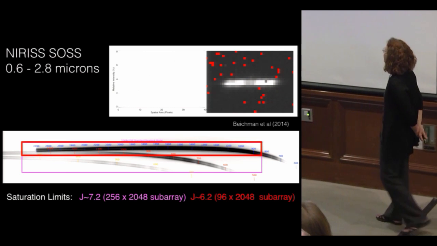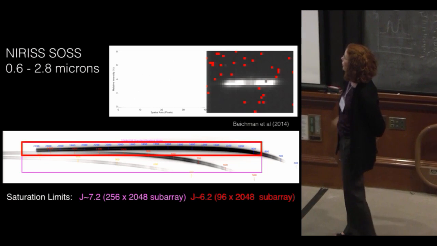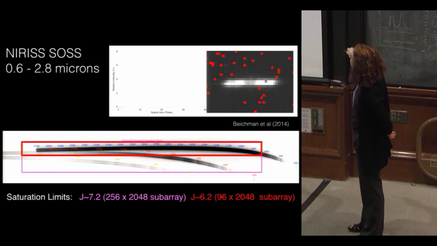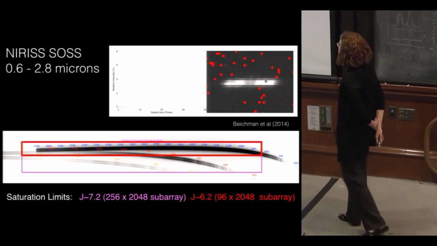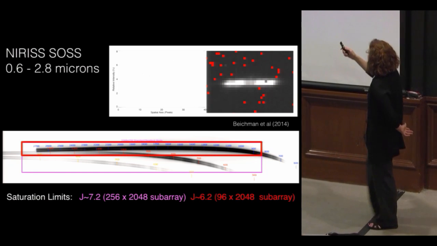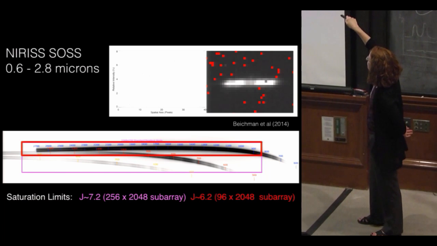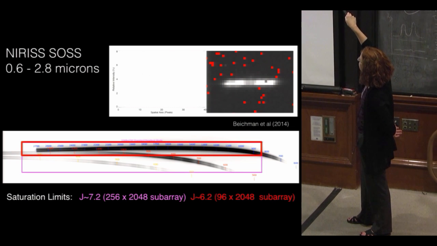So let's look in a little more detail at the NIRSpec instrument and why it's so magnificent for transit work. As I highlighted before, in the spatial direction, it has this very broad PSF that will make it less susceptible to effects of jitter, etc., and also saturation. So this is what the PSF looks like, the Batman cowl, and here it's spread out on the detector.